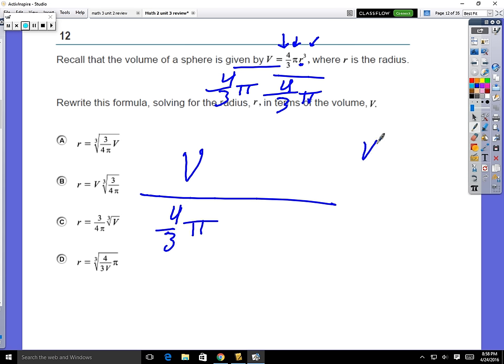And remember, v divided by 4/3 is the same thing as v times 3/4 times by the reciprocal. You can make v a fraction, put it over 1, and dividing by a fraction is the same as timesing by the reciprocal. So on top we should have v and 3, and on bottom we need to have the pi and the 4.